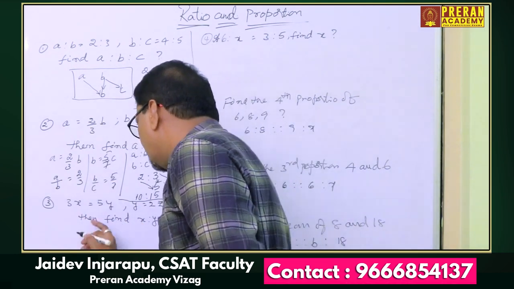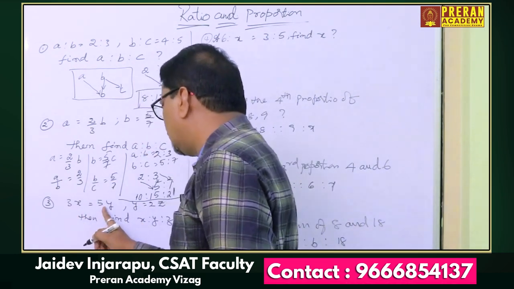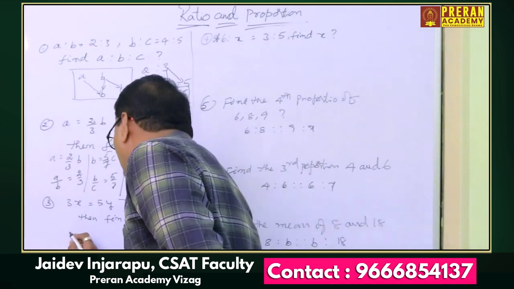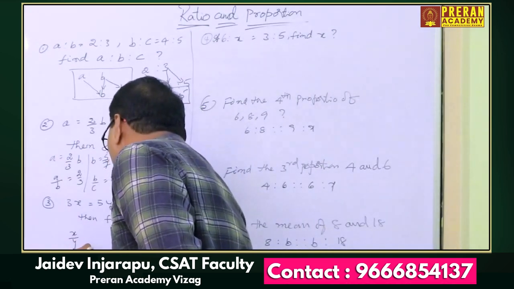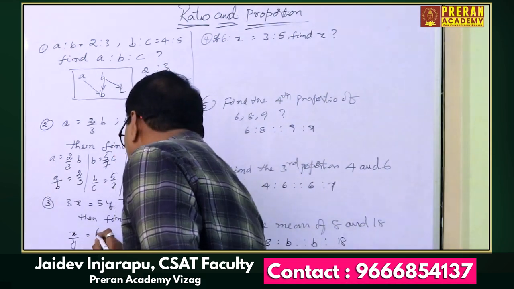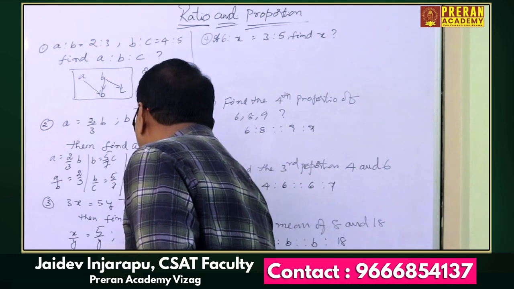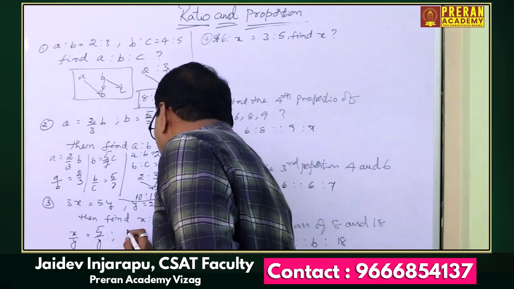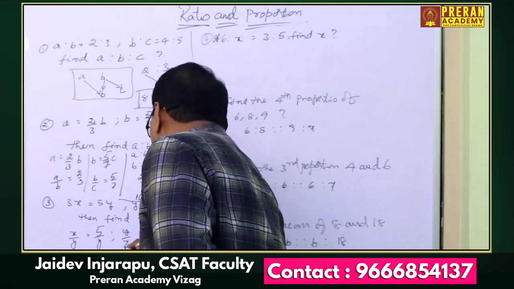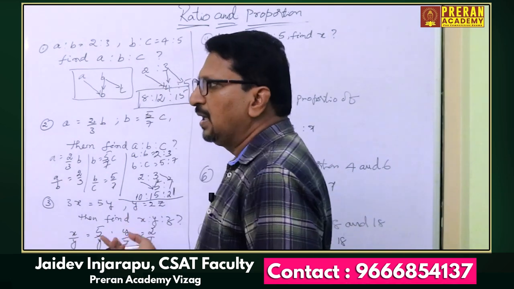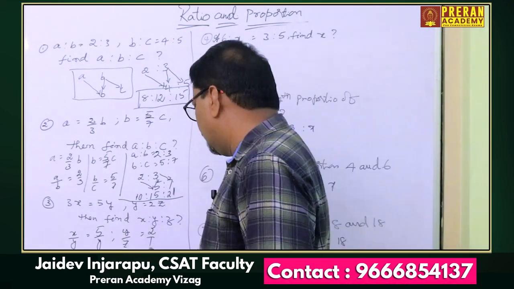Here 3x is equal to 5y. Take variables on one side and constants on the other side. So x by y is equal to 5 by 3 in this case, and here y by z is equal to 2 by 1. Here y means the quotient is 1.